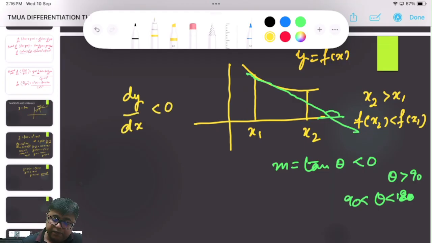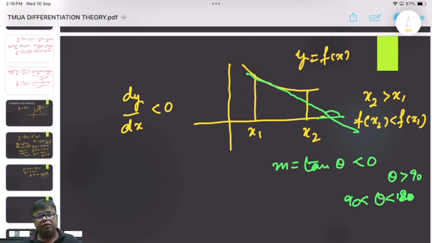So it is very simple for us now to understand that whenever the derivative is positive, the function is increasing, and if it is less than 0, then the function is decreasing.